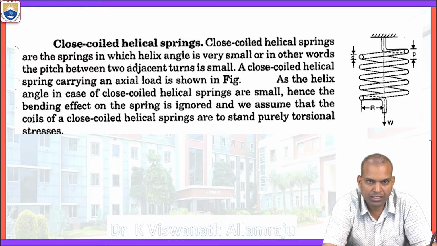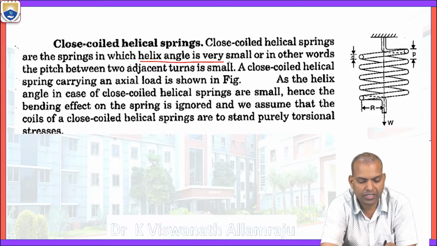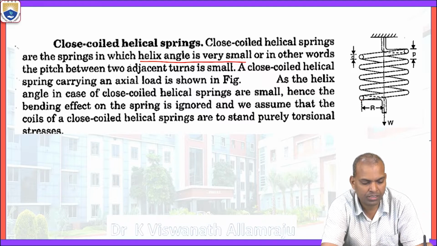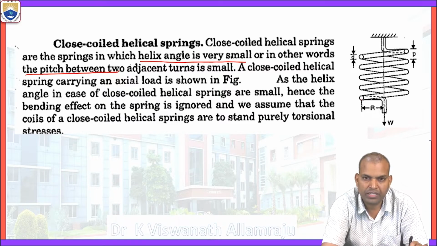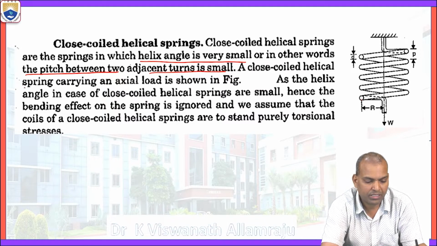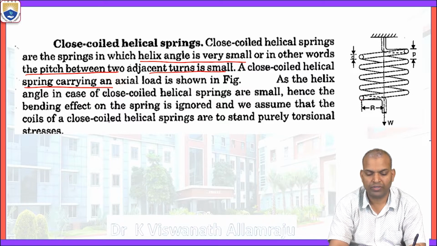Closed coil helical springs are springs in which the helix angle is very small in comparison to open coil helical springs, or in other words, the pitch between two adjacent turns is very small. A closed coil helical spring carries an axial load, as shown in the figure.